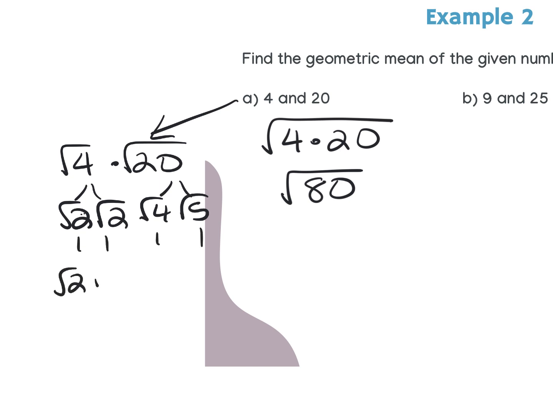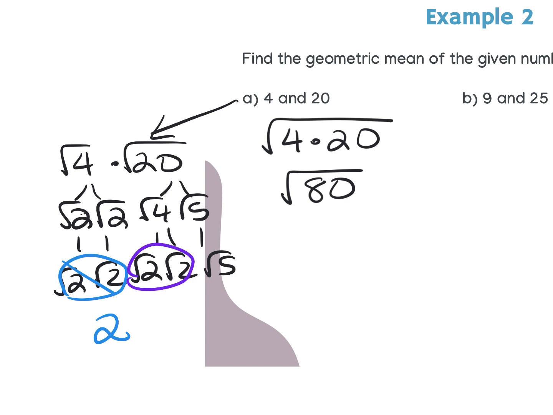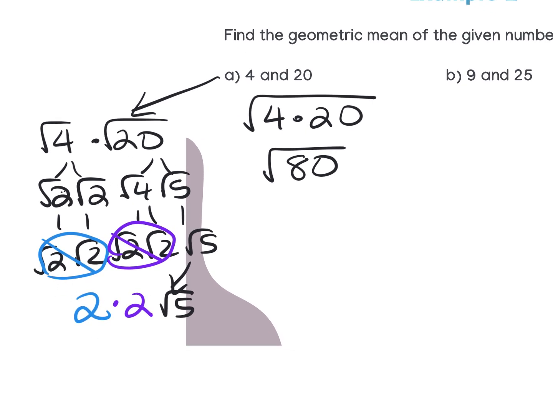So this is 2. Bring down, it's still prime. The 4 is going to break into another 2 and 2. And then the 5 comes down. Then you look for pairs. I have a pair of 2s. A 2 comes out. Another pair of 2s. Another 2 comes out. This 5 doesn't have a pair. He stays underneath. So now you'll go ahead and multiply these two. Final answer, 4 square root 5.